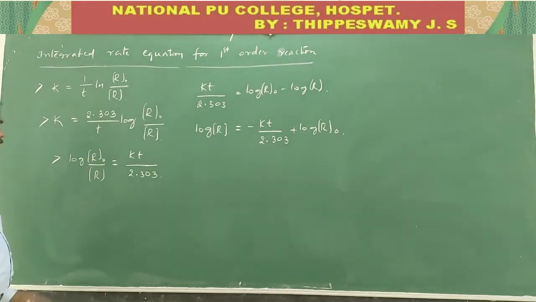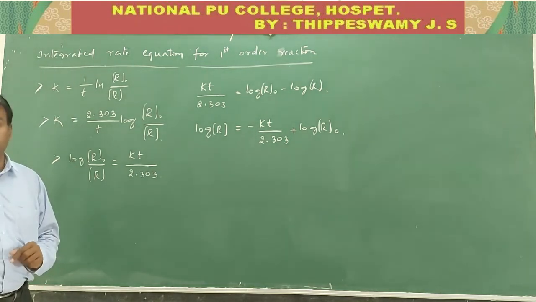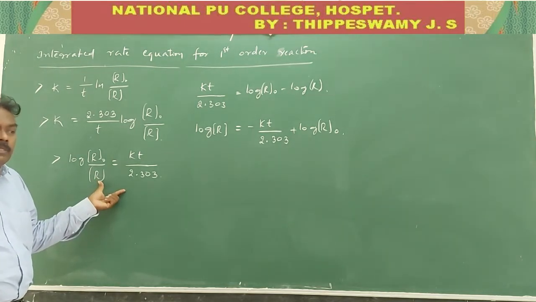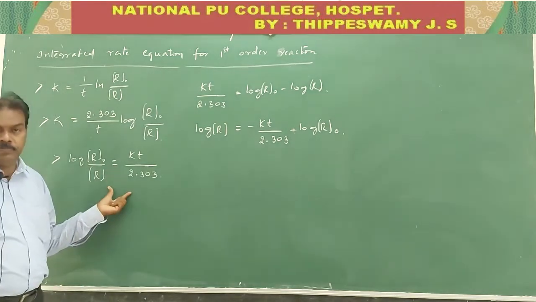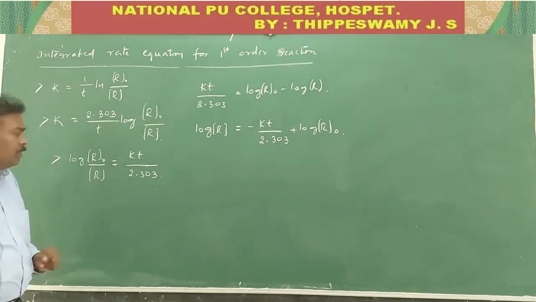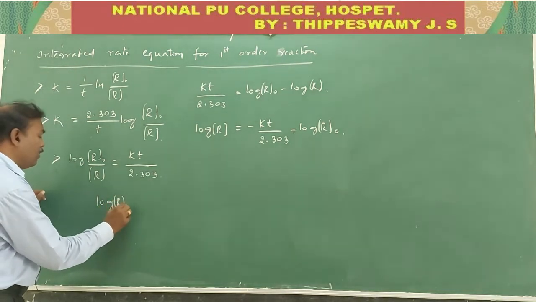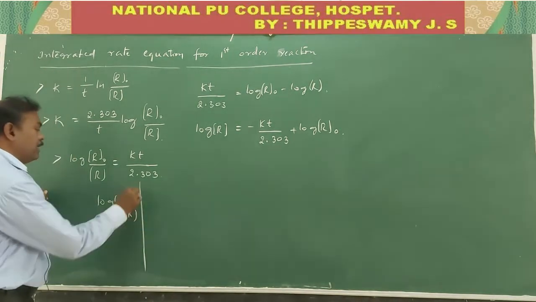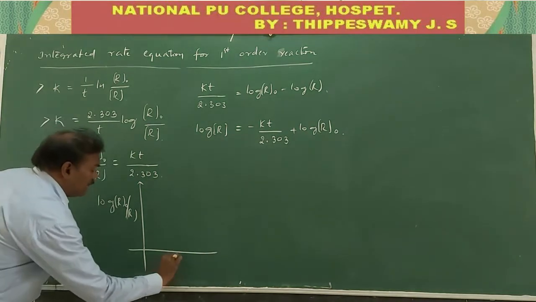And you see, this equation is similar to the equation of a straight line. How is it similar? It is of the form y = mx. Suppose you plot a graph of log(R0/R) along the y axis, and along the x axis you take t, that is time.